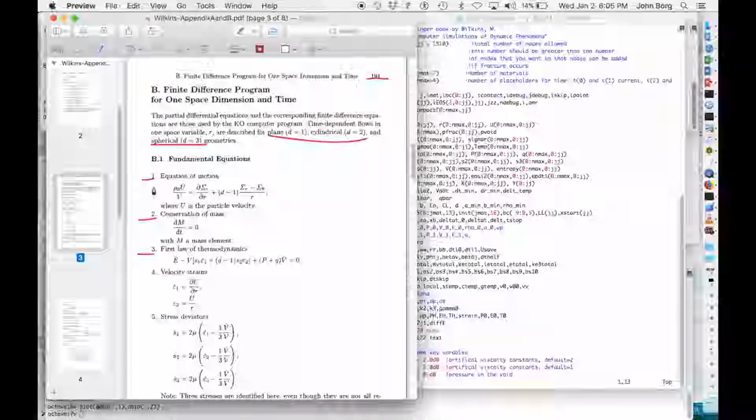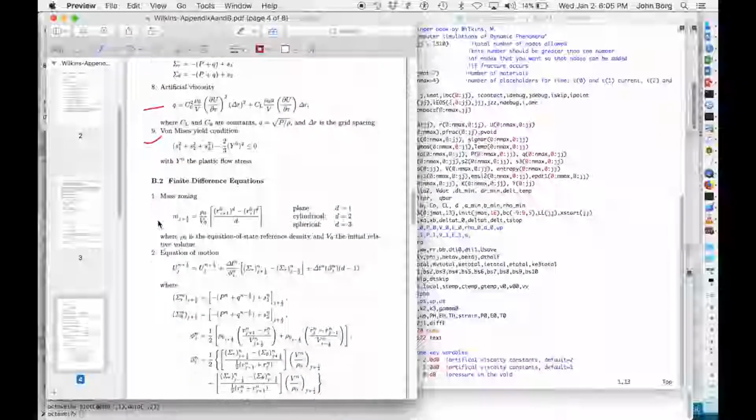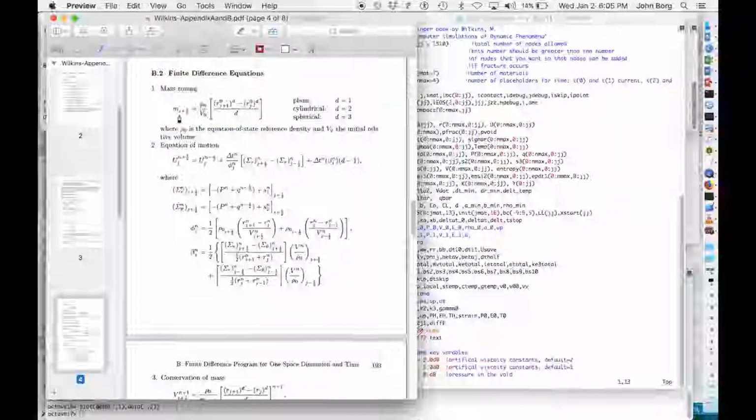So you can see here this is number 1, this is 2, and so forth, 3, 4, 5, 6, 7, and then in Appendix B he's got the finite difference scheme where he's got indices j plus a half and j plus 1. So this is 2 steps in time, in forward time.